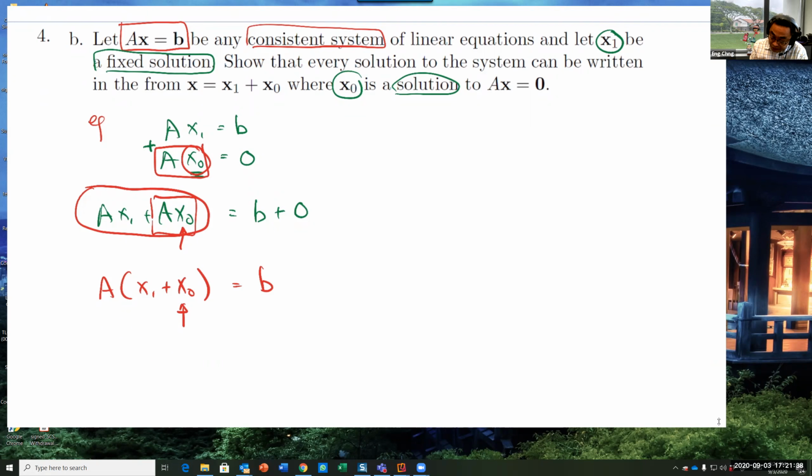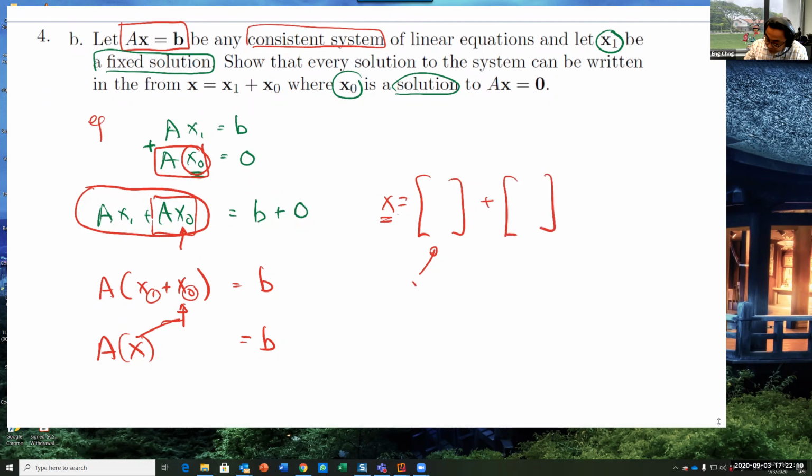But please don't confuse X0 and X1, because we are going to write AX equals B. What is X? X is a vector. So X is a vector of what size? It depends on A, of course. So this X vector is a vector of X1 plus a vector of X0.